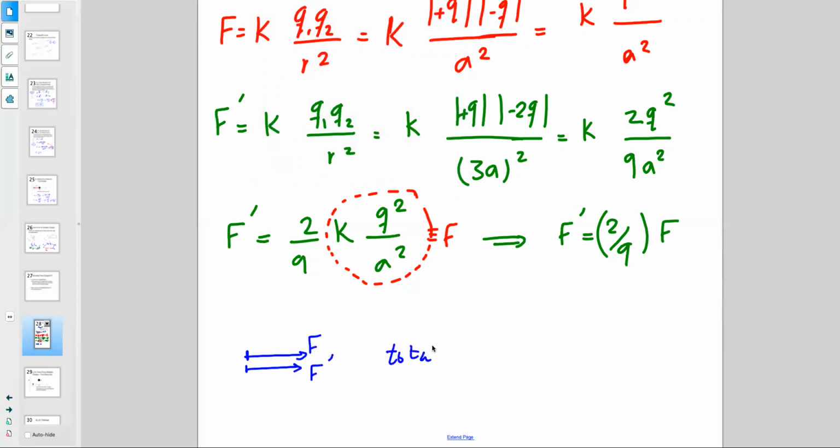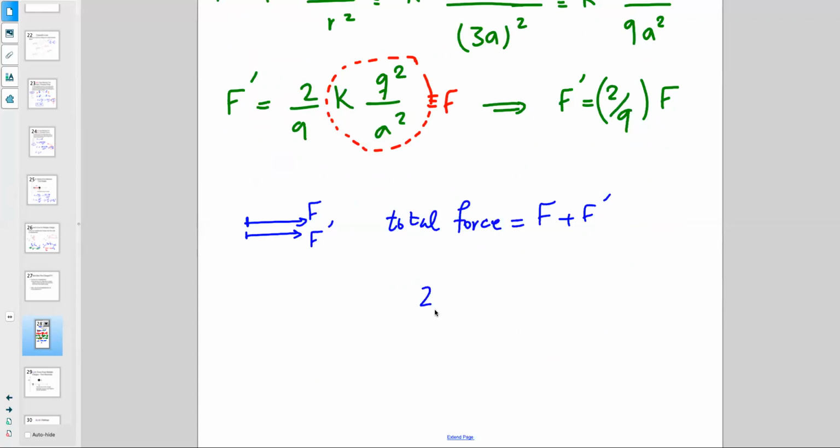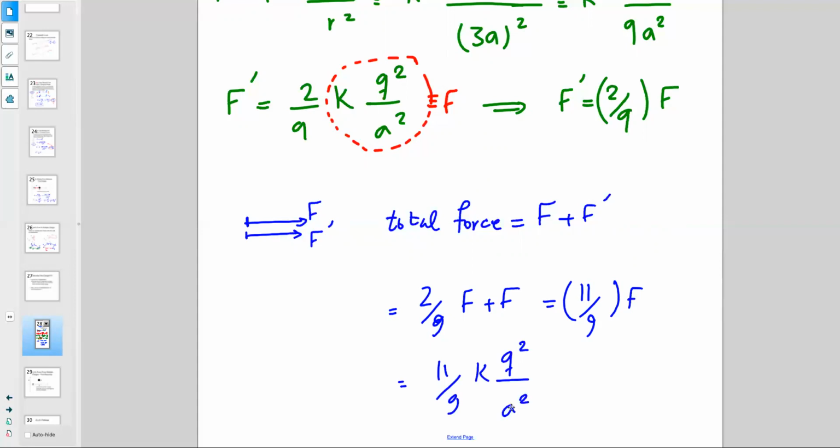So the total force is F plus F prime, or 2/9 F plus F, which is 11/9 times F, which is 11/9 K Q squared over A squared.